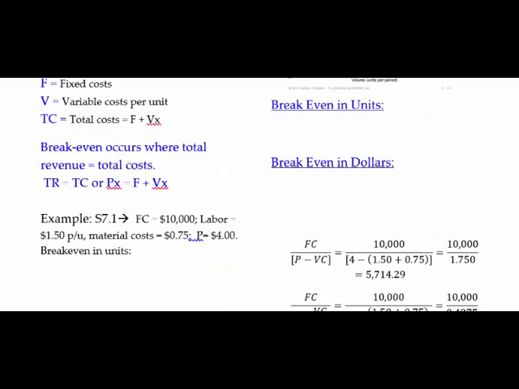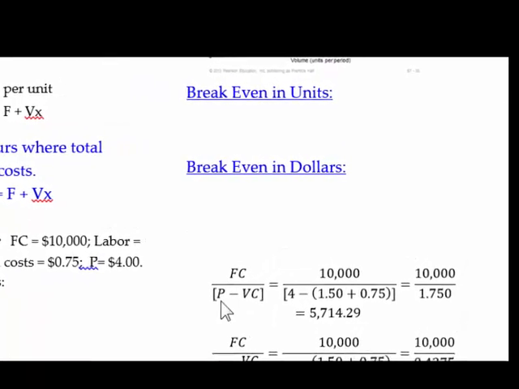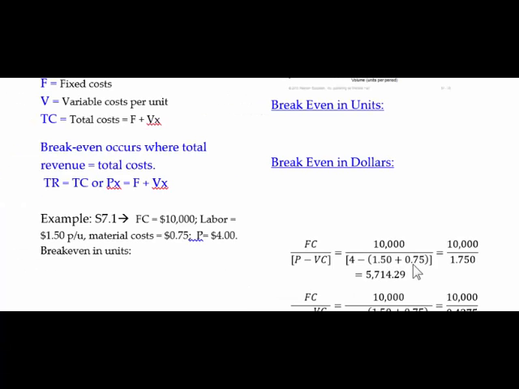So we put this in the equation, and we've got the fixed cost, which is $10,000, and we're going to divide by P minus VC. So P, we know, is $4, minus the combination of $1.50 plus 75 cents. So 4 minus essentially $2.25 is going to give us $1.75 left over.